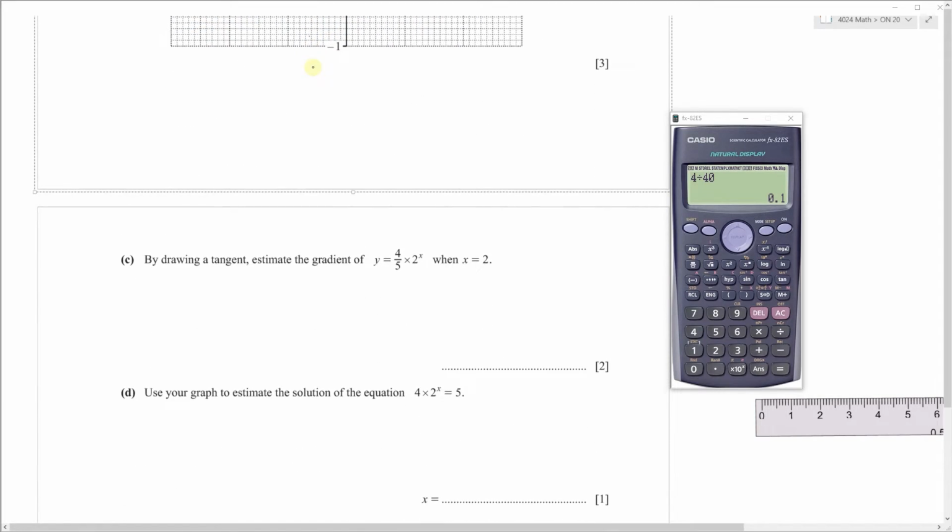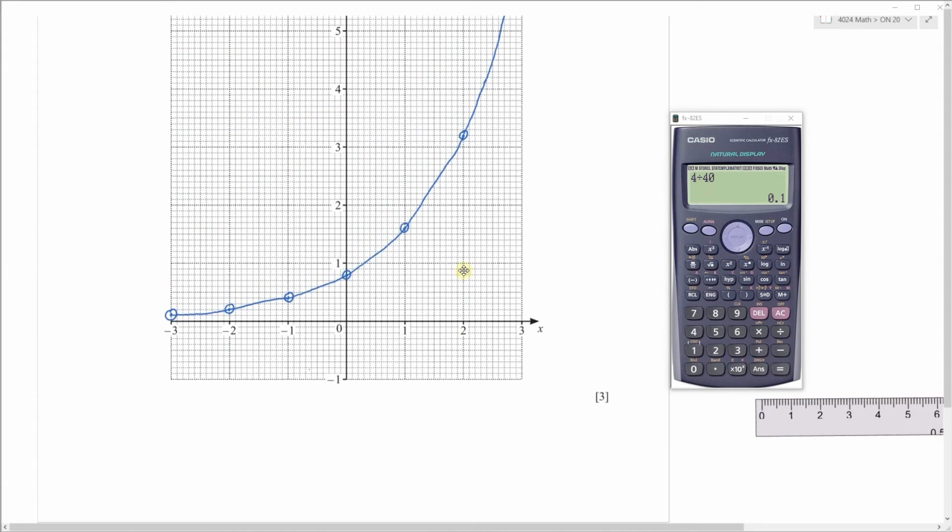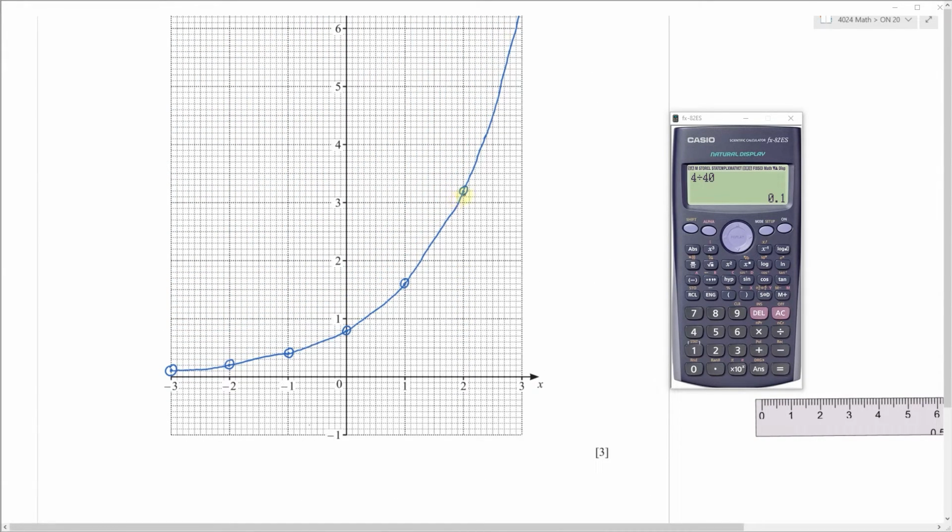The next part is: by drawing a tangent, estimate the gradient of the curve when x equals 2. So that means you have to draw a tangent at this point where your x value is 2.